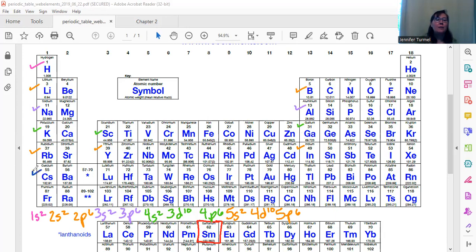Okay, and now finally we're in the row where we're going to find 62 because it's right in here. Okay, and so we have 6s2, and then we drop down to our 4f's here, and we've got 1, 2, 3, 4, 5, 6, 4f6. And that is our electron configuration for samarium.